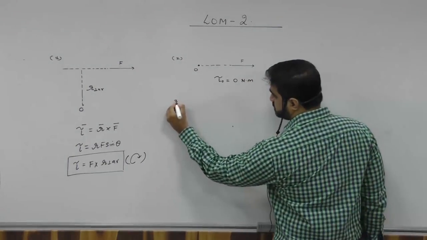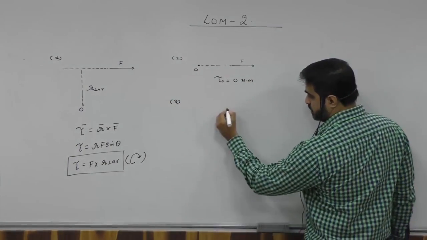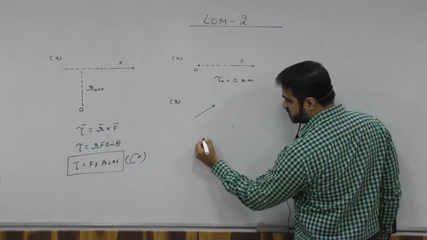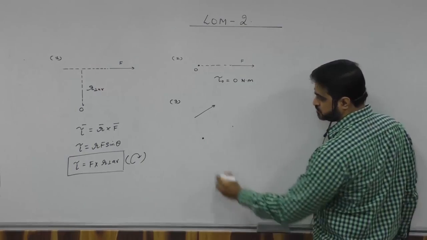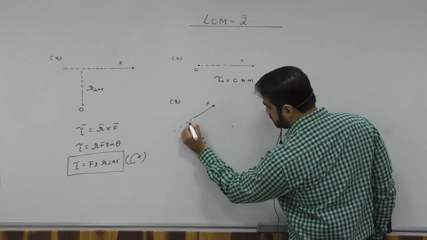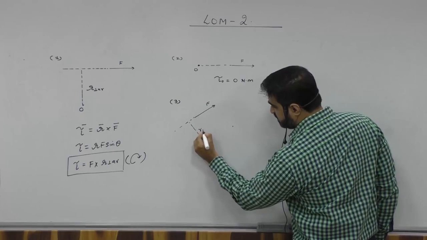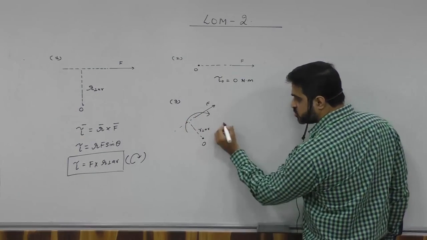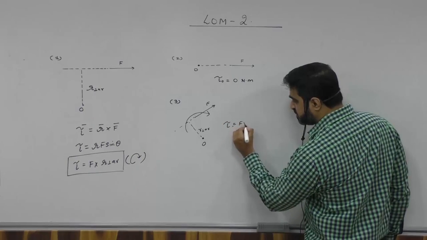If I tell you this, okay, this is this way, and this point, what to do? Line of action of force, so are perpendicular, na? And it is going to rotate this way. So torque will become F into R perpendicular.